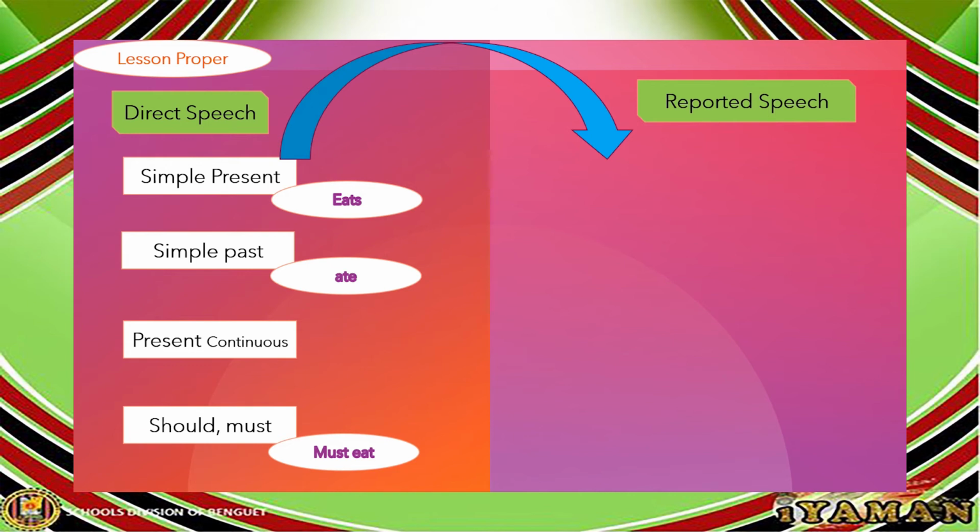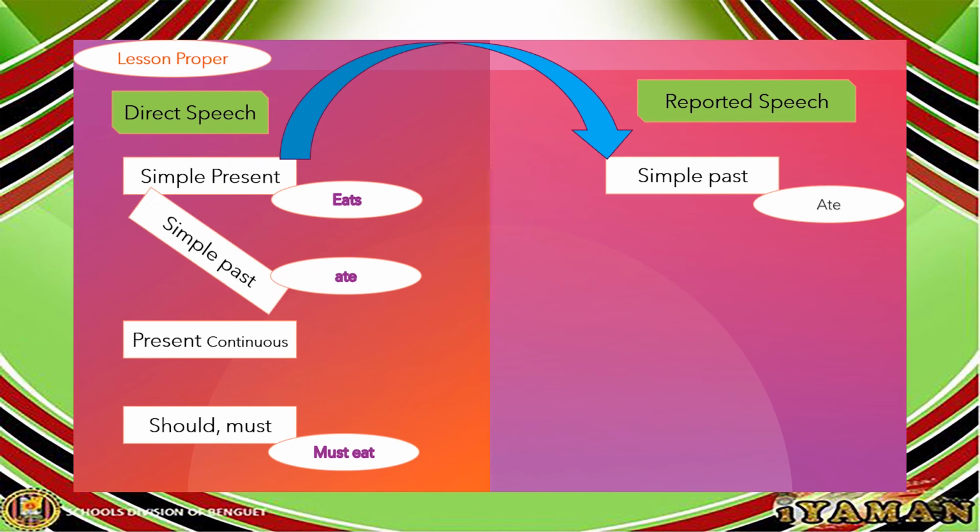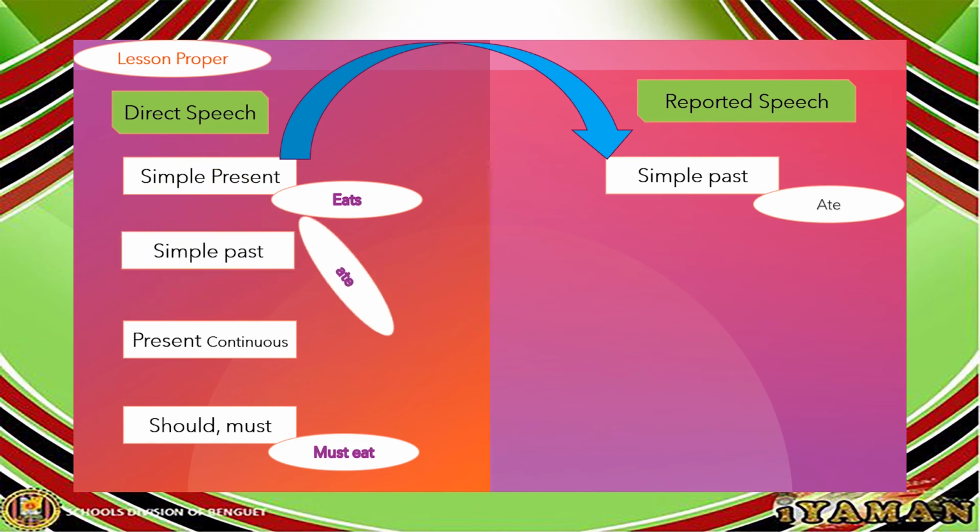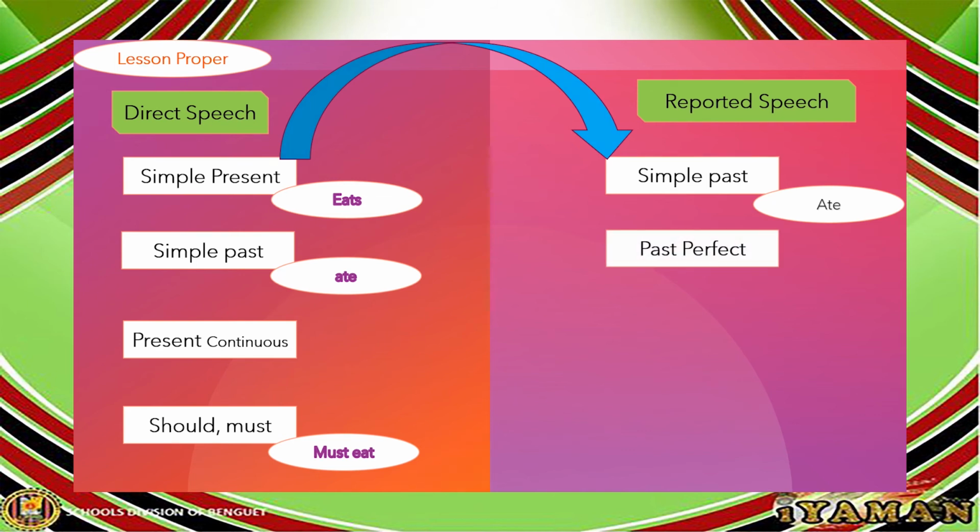If the verb in the direct speech is in the simple present, when you go to the reported speech, it becomes simple past. So if the verb is eats, in the reported speech, it becomes ate. In the direct speech, if it is simple past, it becomes past perfect. So if the word is ate, it will become had eaten.